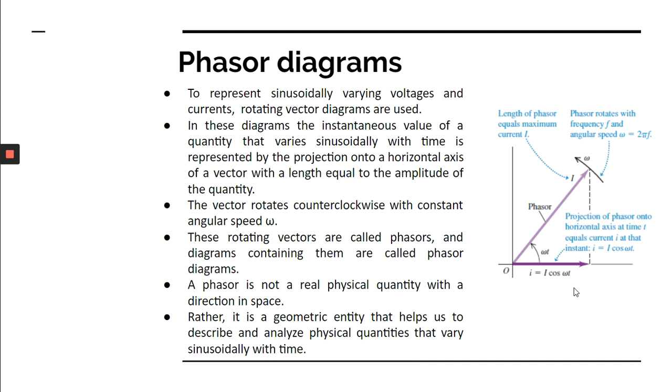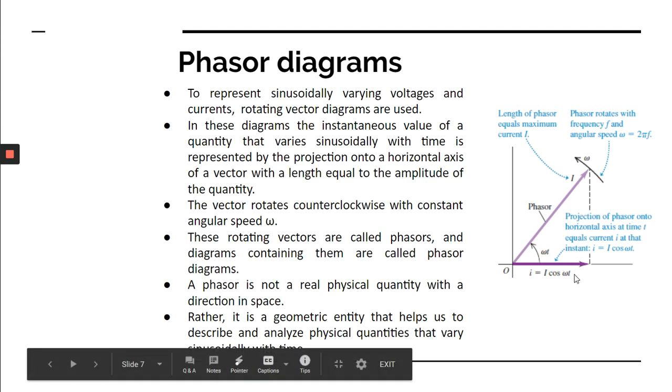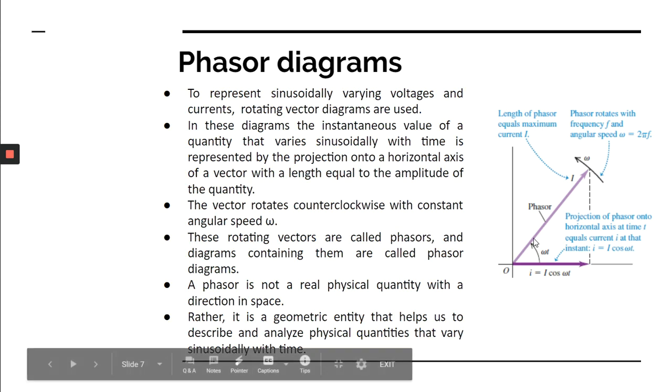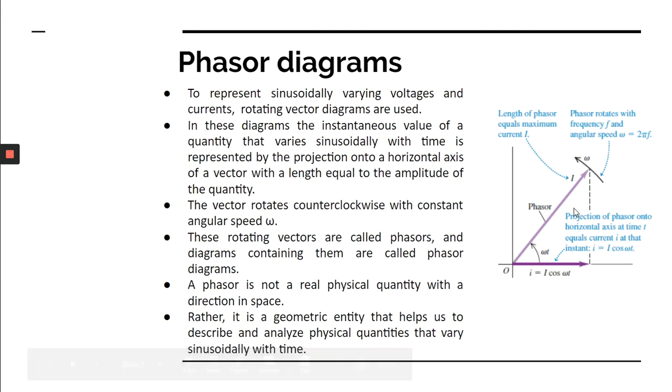That means the instantaneous value of the current is nothing but the projection of the I onto the x axis. This rotating vector is known as a phasor.